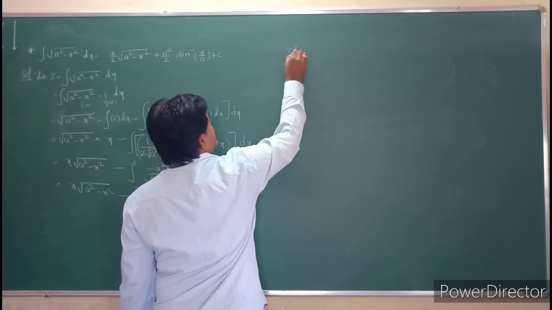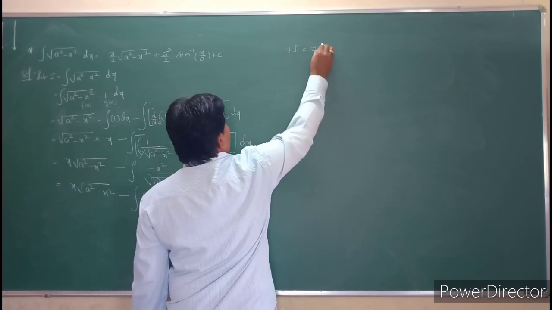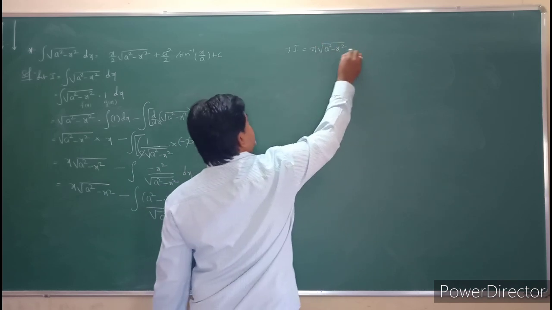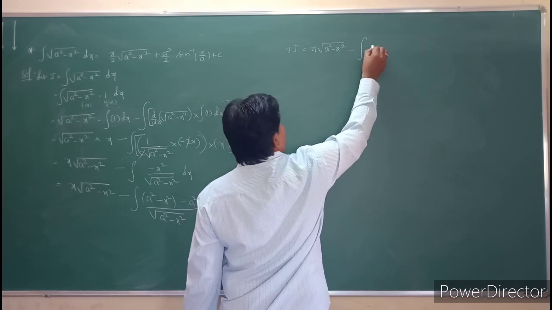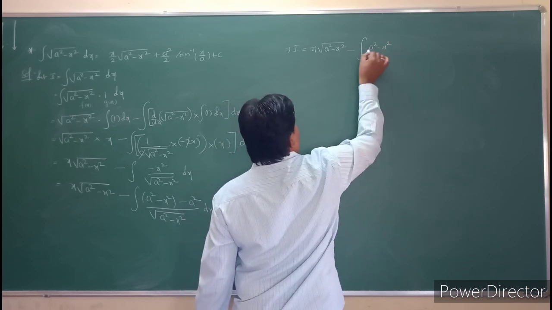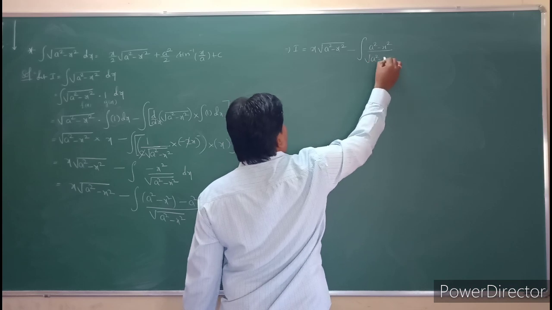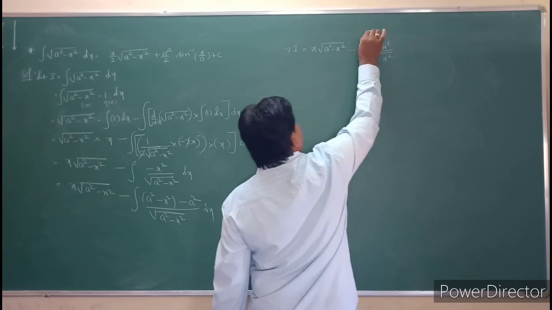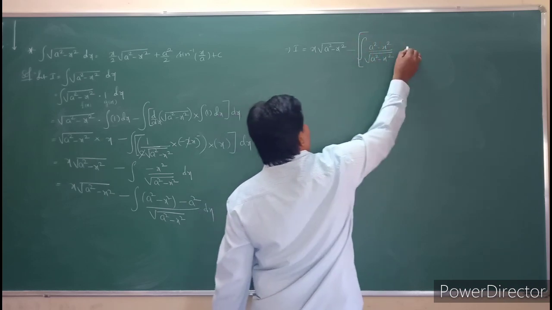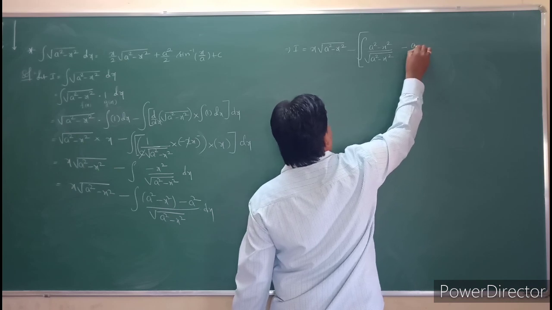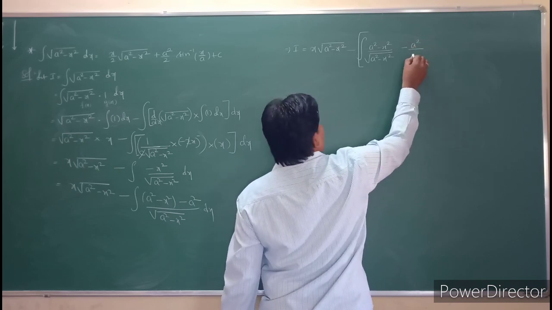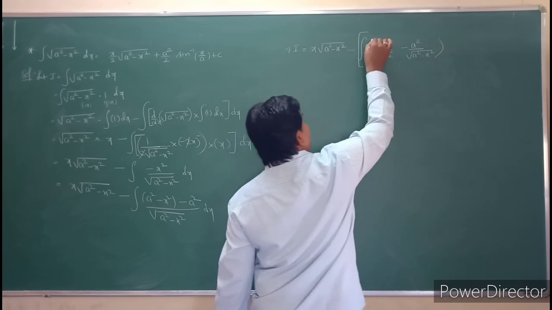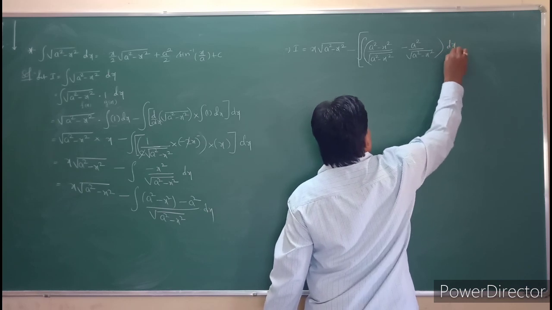That implies I is equal to x into root of a square minus x square minus integral of a square minus x square by root of a square minus x square, minus a square by root of a square minus x square into dx.